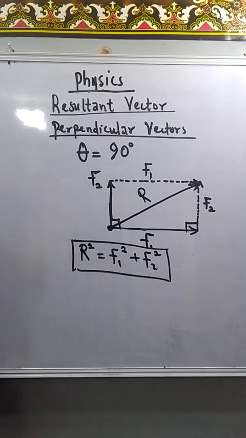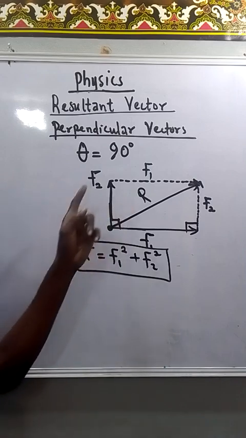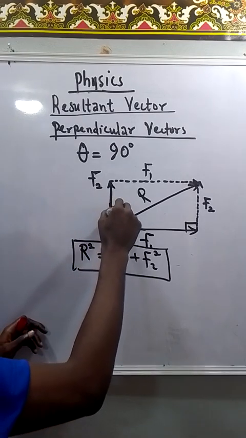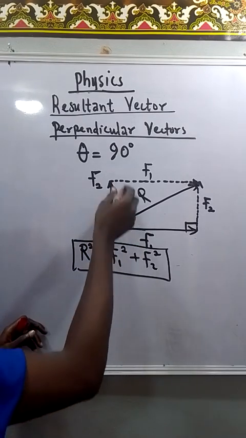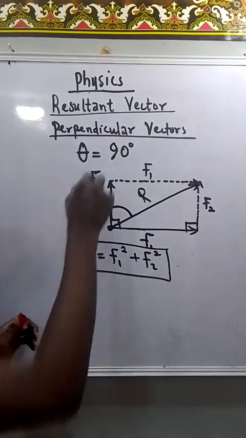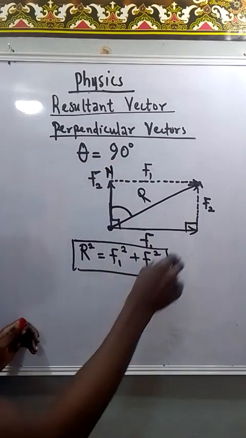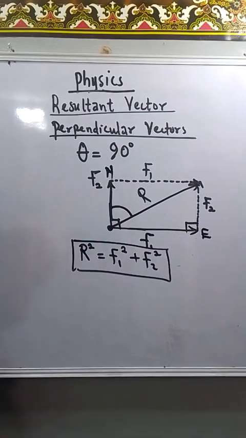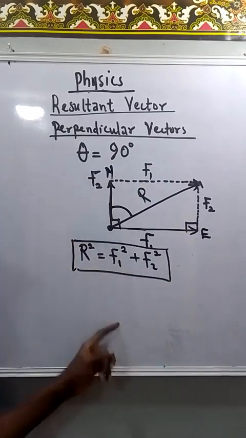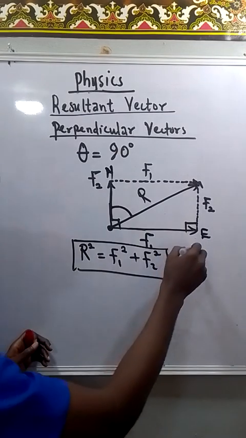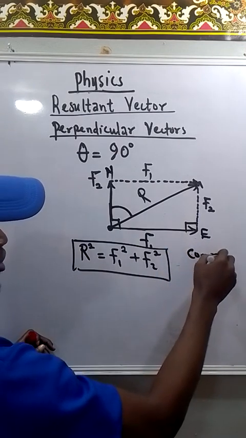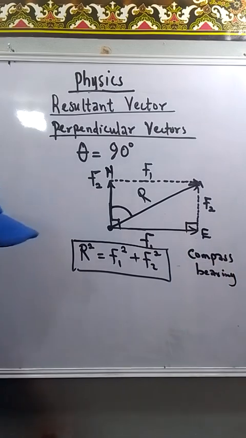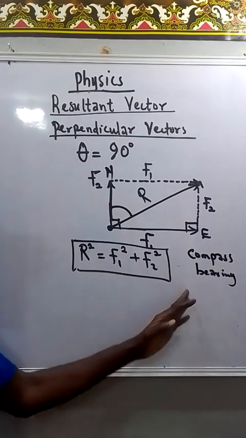Now to find the direction of the resultant, the direction will be the angle between the resultant and the north. So this is north and this is east. We know north and south are reference points under compass bearing, and most of the time we use compass bearing.